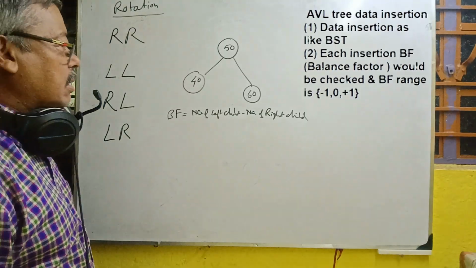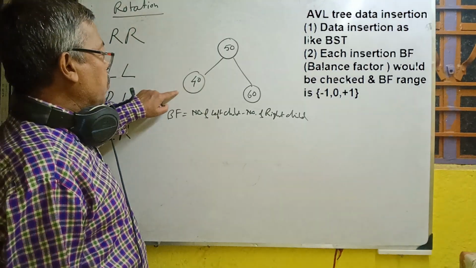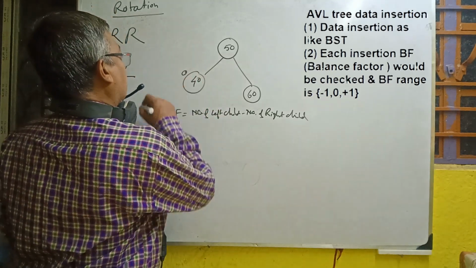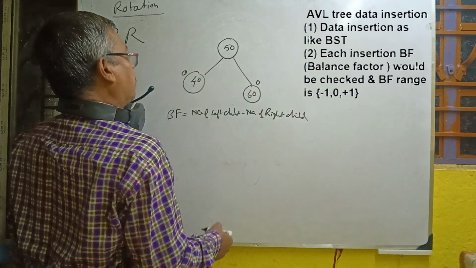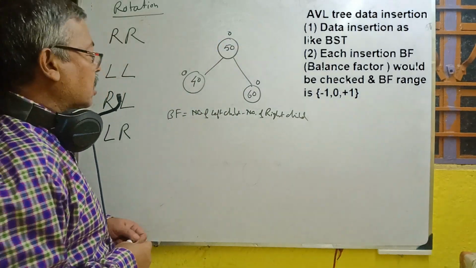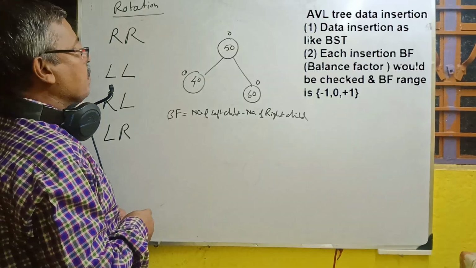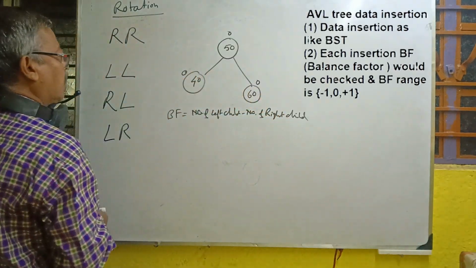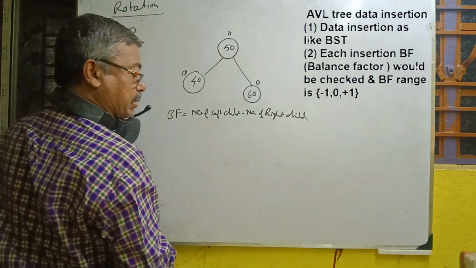Here the left is 0 and the right is 0, so 0 minus 0 is 0. At the root, 1 minus 1 is 0. So the tree is perfectly balanced, a perfect AVL tree, not only a binary search tree but also an AVL tree.